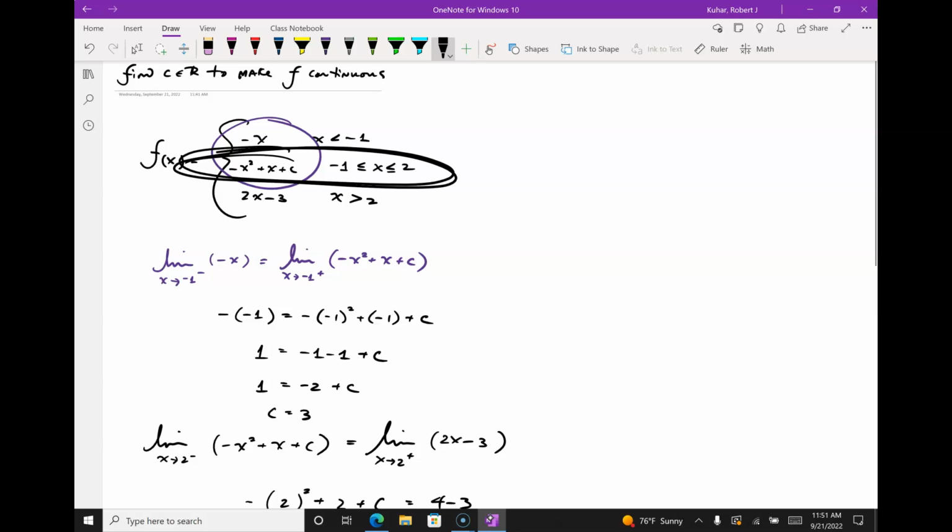Now the arrows are getting me left. x is less than -1. That's left. So the first machine is on the left of -1. Yes, this says as we're going to -1 from the left side.